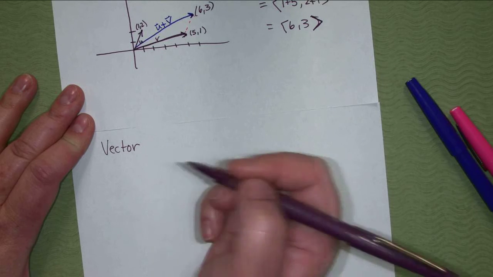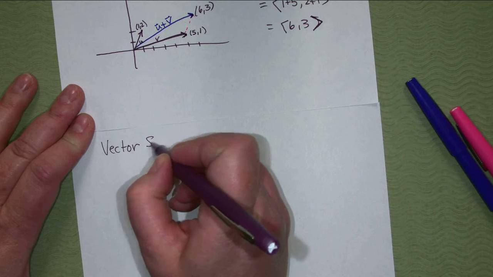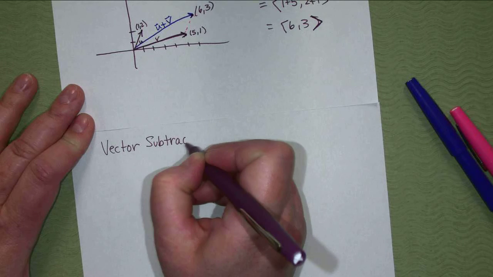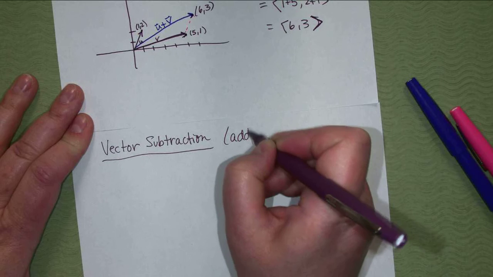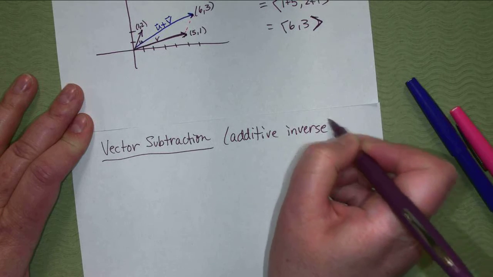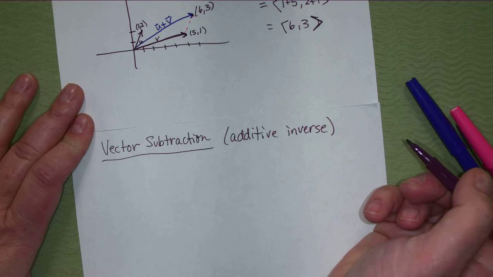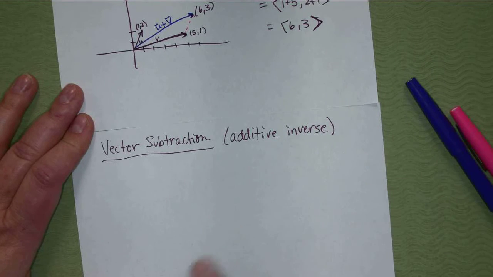It's what they think of in linear algebra, but we'll write subtraction. This is called the additive inverse. So they're saying add the inverse, which is the negative, so add the opposite when you subtract. So they don't use the word subtraction.